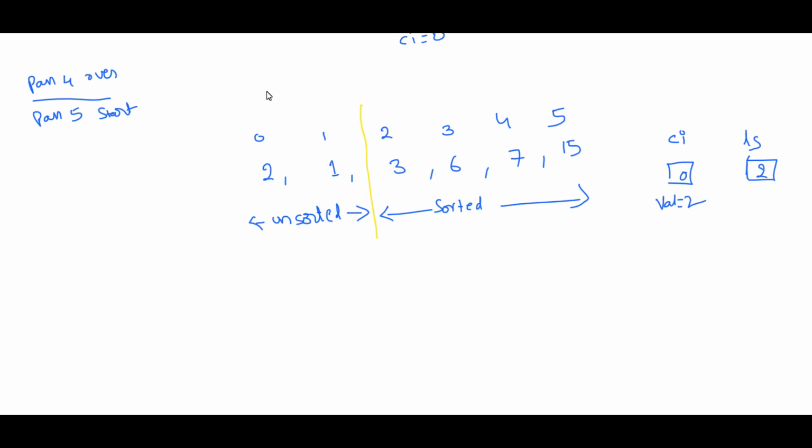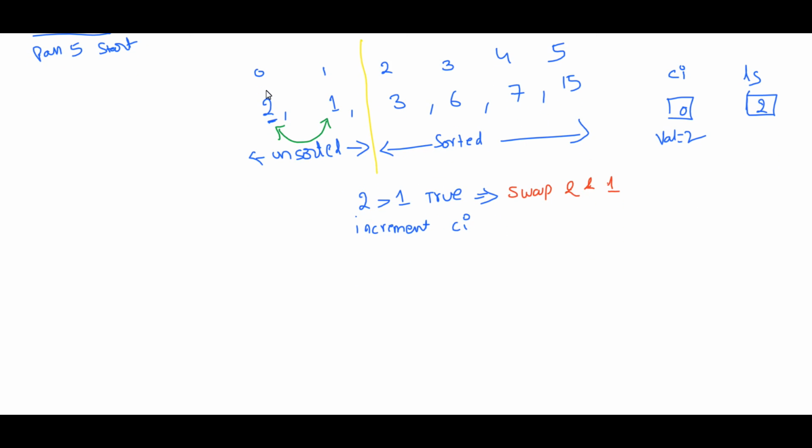So we are going to compare, hold on, let me mark, this is the current index is pointing to, and we are going to be comparing that with the value at the next position. So, is 2 greater than 1? True, and we will swap 2 and 1. And of course we're going to increment CI as always in this algorithm.